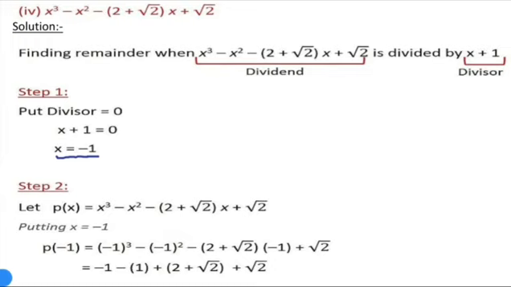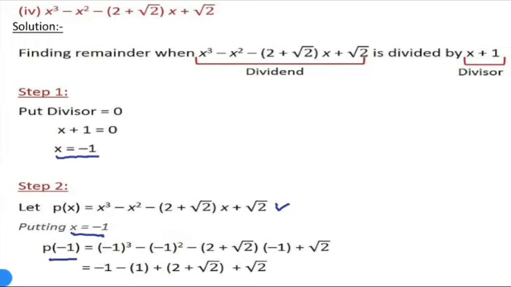Now we are going to put x equals minus 1 in this P of x. We get P of minus 1 equals minus 1 to the power of 3 minus of minus 1 to the power of 2 minus of 2 plus root 2 into minus 1 plus root 2.